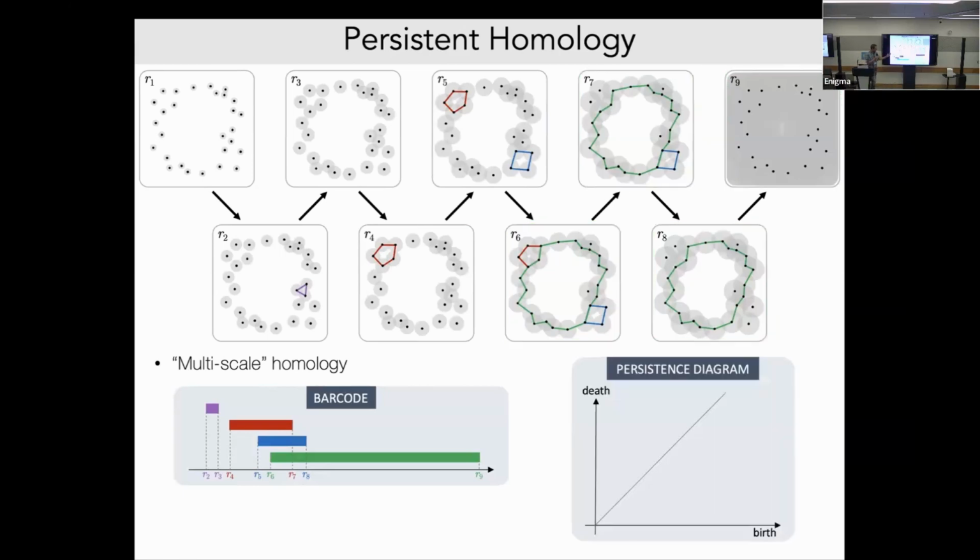Another representation, which will be more useful for us in this talk, is called the persistence diagram, where instead of bars, you represent each bar with 2 coordinates, the birth and death, and then you get 4 points corresponding with the colors. And the intuition is that this diagram should give you some indication into what is interesting in the persistent homology and what is not, what cycles are important and what cycles you should ignore. So if you look at this picture, one bar stands out as being very long, one point here stands out as being very far from the diagonal.